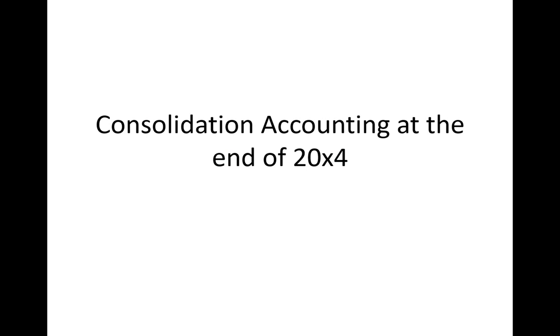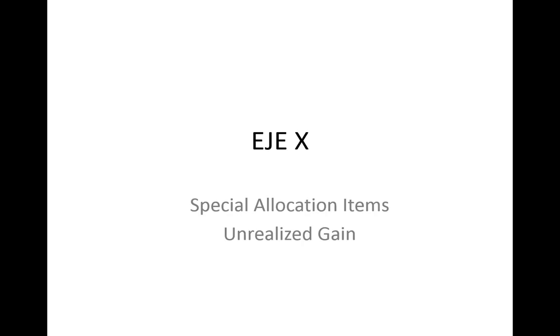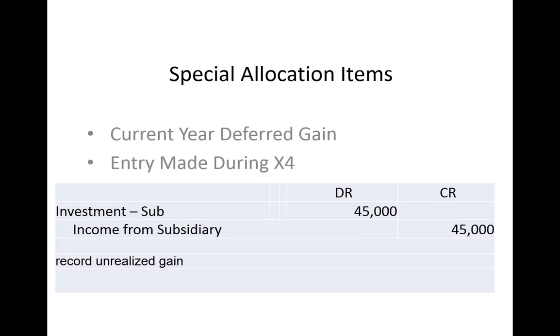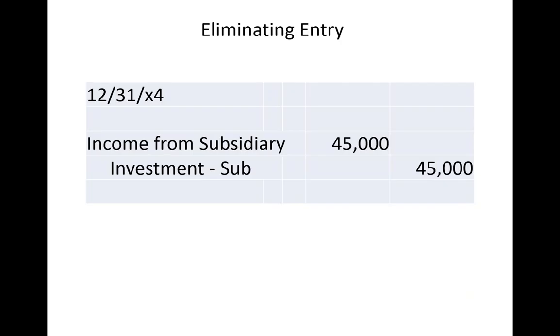Well, that brings us to the consolidation accounting during X4. Let's take a look at 2 EJEs that we're going to need to make. The first is any unrealized gain or loss that we may have, and that is to account for the equity method journal entries that we made. If you remember, this is what we just did. We recognized the gain during the current year through the income sub account. So to eliminate that, we need to make the following.